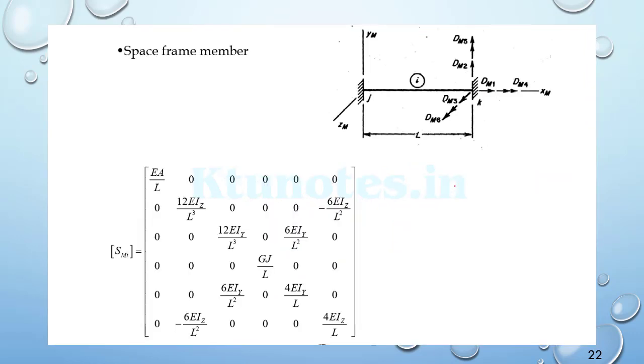For the space frame member, the member has 6 deformations: the axial deformation, the coordinate deformations, as well as the torsion, as well as the moments in various directions.